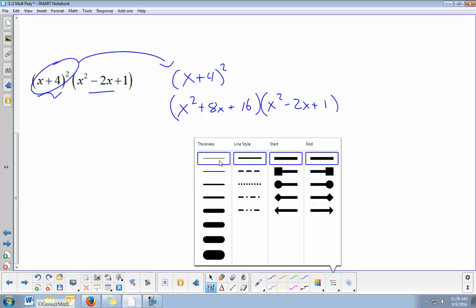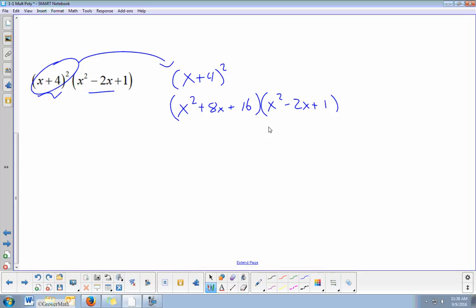All right, here I have a trinomial times a trinomial. Anytime it involves a trinomial times a trinomial, I actually do like to do what's called the tabular method. Some call it the box method. What I do is I take one of the polynomials, x squared plus 8x plus 16, and write it on top of a box.